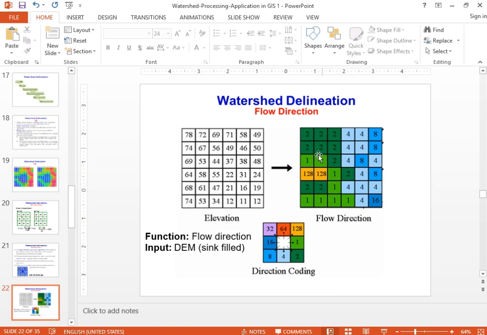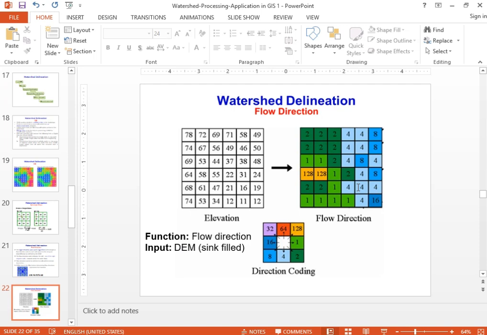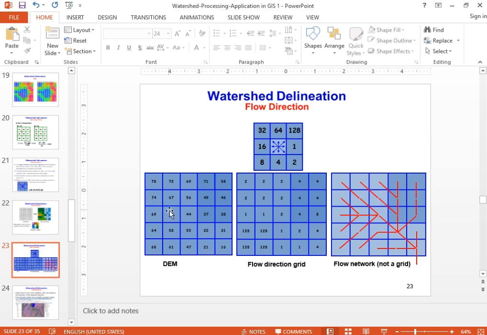So those flow direction grids are prepared by using this D8 algorithm, all right? So you can have access in such a way. And this may flow to this one because this cell is smaller than this or this and this one.